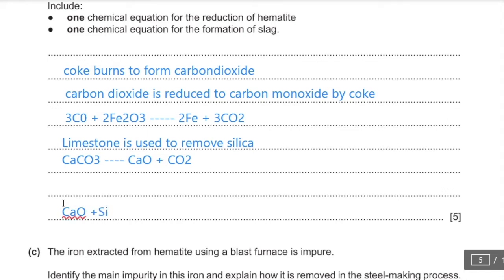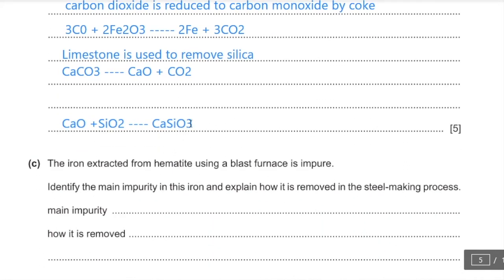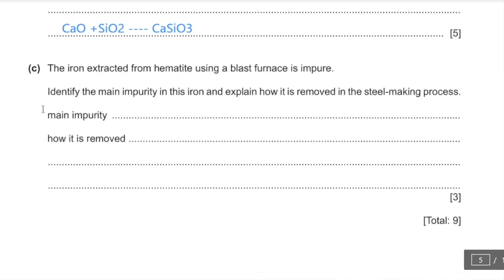Alright, so silicon oxide or silica over here is the main impurity which we are removing, and this forms calcium silicate. It forms in the state of liquid and forms a layer of slag.